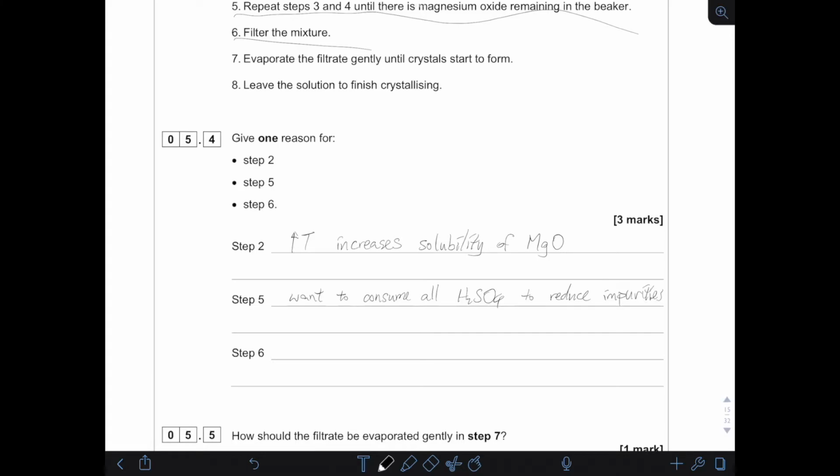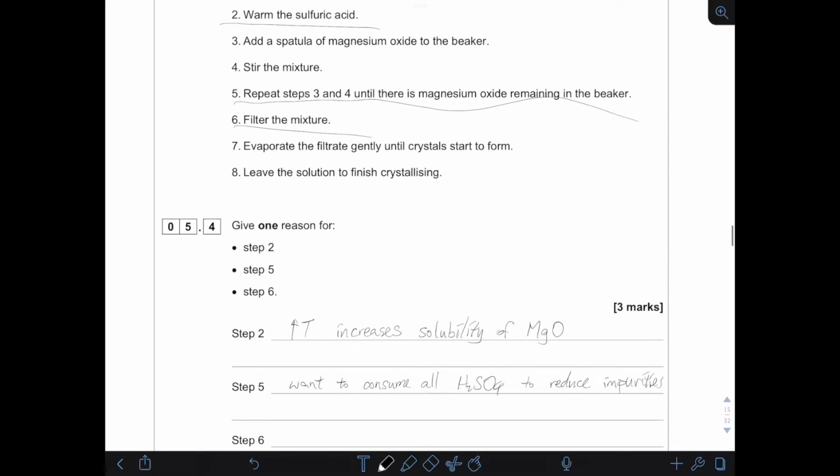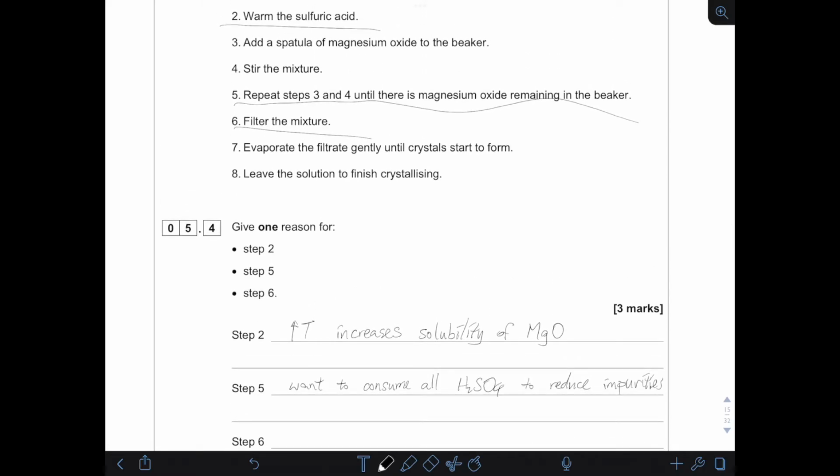There are many answers to every single step here because you want to give it time to react, and it takes some time for mag oxide to go into sulfuric acid solution. And if you don't repeat 3 and 4, or if you don't stir, not all of it will dissolve.